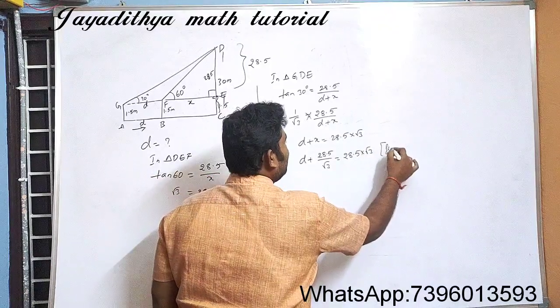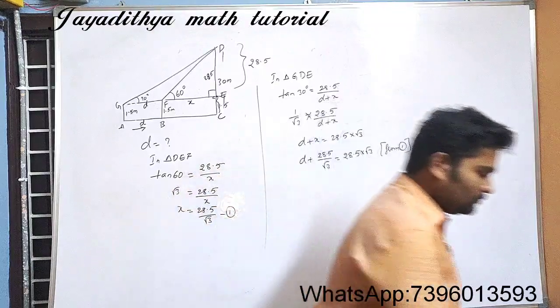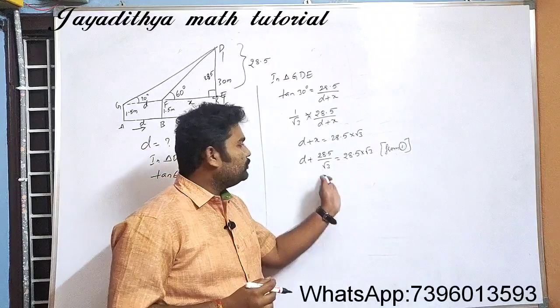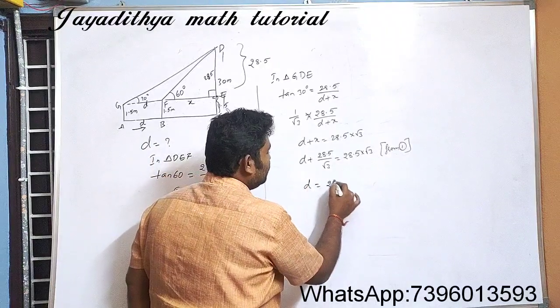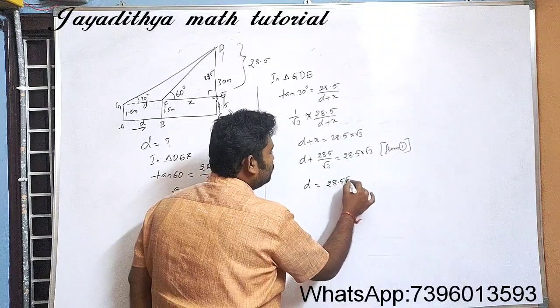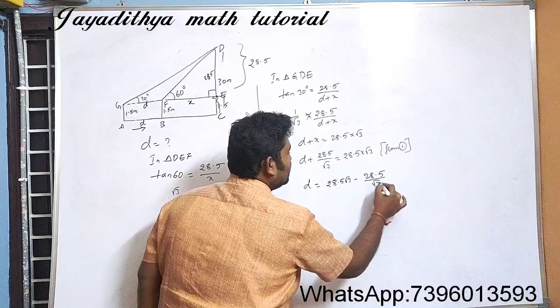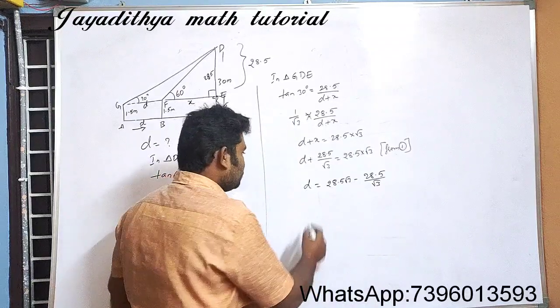From where you got this one? From equation 1. After this, what you need to do? You need to simplify here. That is D is equal to 28.5 root 3 minus 28.5 by root 3. Clear now?